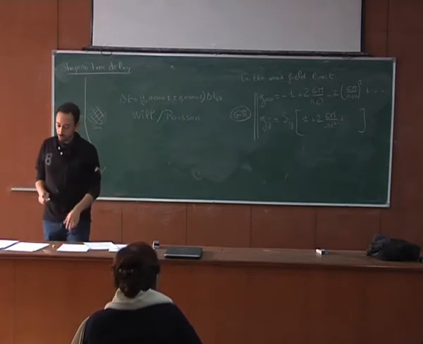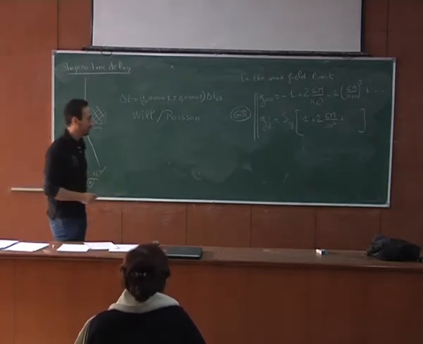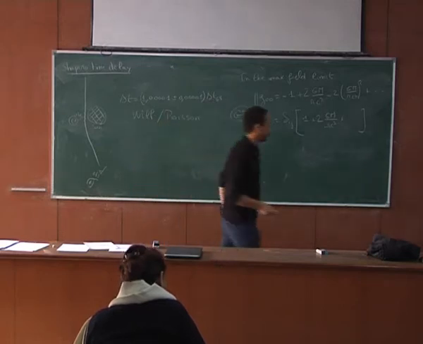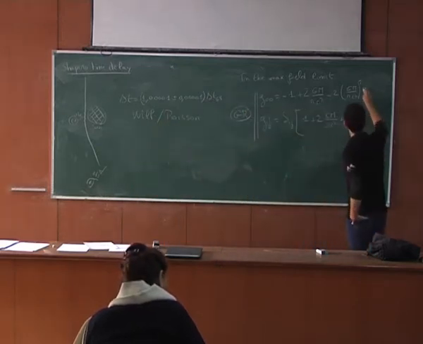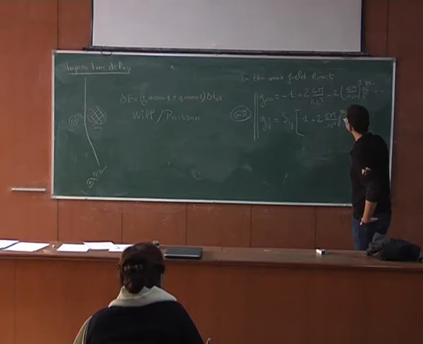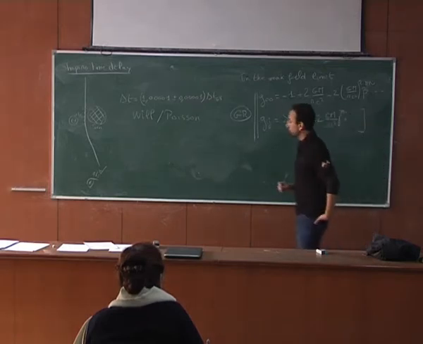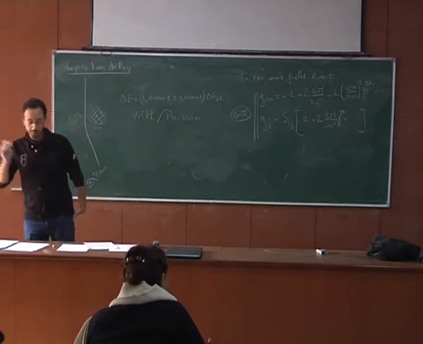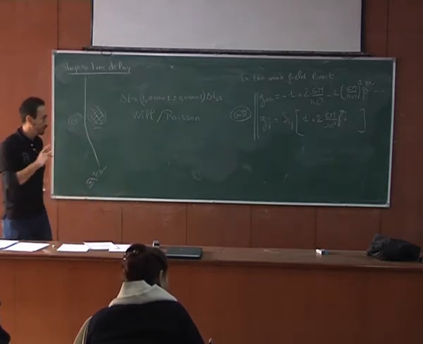The other theories of gravity say no, it's not exactly this. We actually get some parameters, beta and gamma. When you do this expansion and you solve it, the other theories of gravity introduce two parameters.